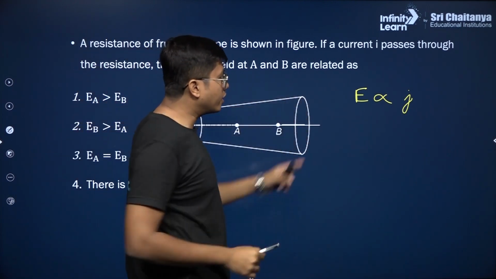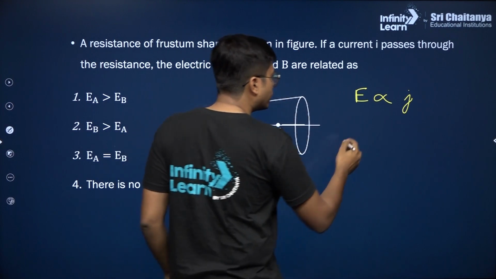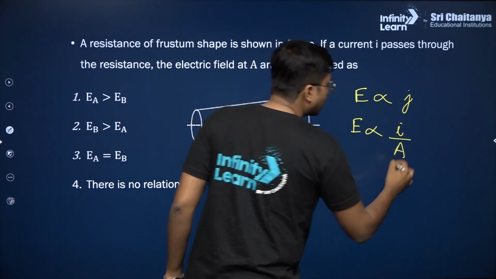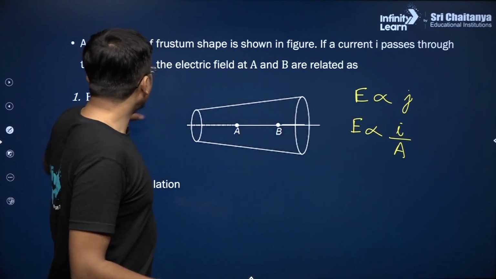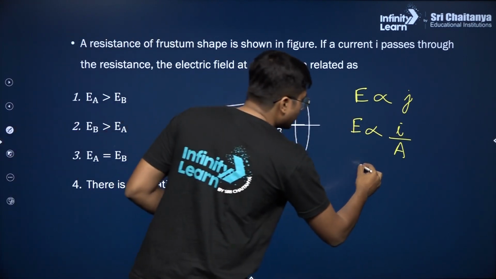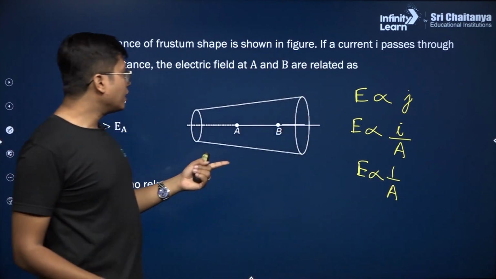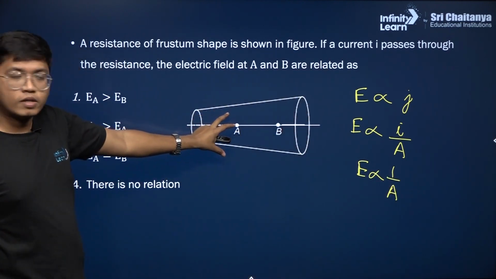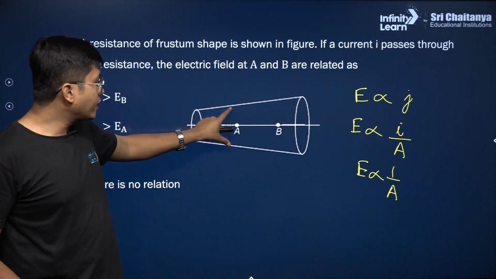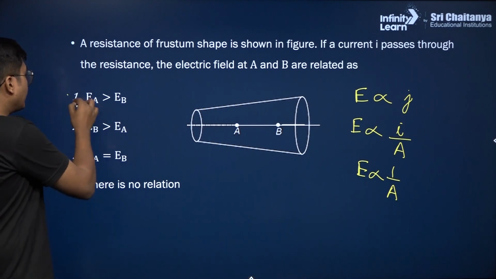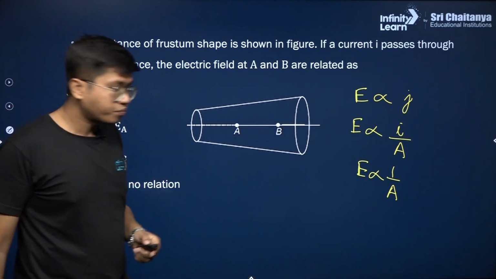So the current density is just the current divided by the cross-sectional area, so E is proportional to J. Now the current is constant throughout, so E is inversely proportional to the area. What does that tell you? Over here it's narrower, over here it is wider, so over here area is less, so the electric field will be higher over here. So your correct option is that EA is greater than EB.